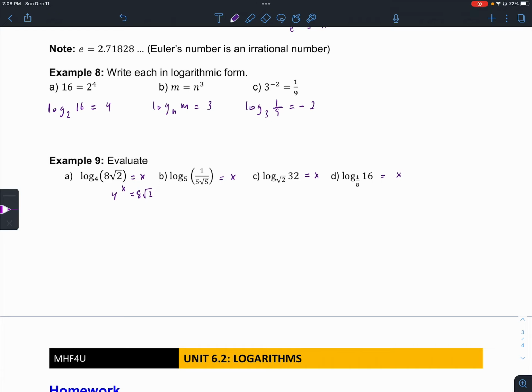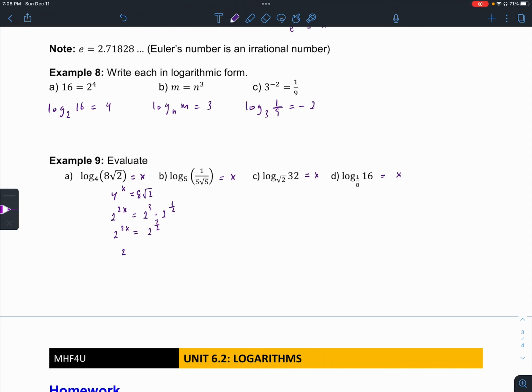And so we want to get a common base. The common base is 2 here. So 2 to the exponent of 2x is going to equal 2 to the exponent of 3 multiplied by 2 to the exponent of 1 over 2. So that's 2 to the exponent of 2x is equal to 2 to the exponent of 3 plus a half, which is 7 over 2.